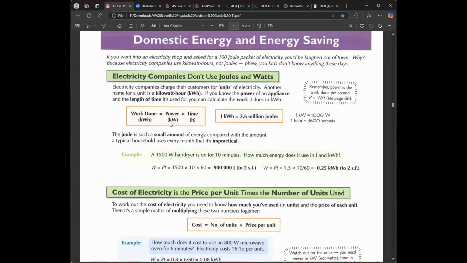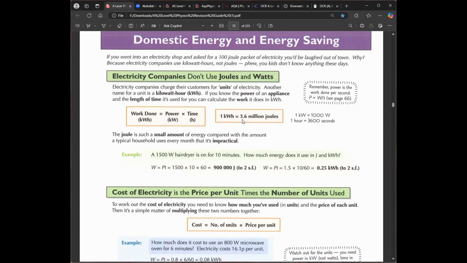So for power it's kilowatt, and for time it's hours, because we're not going to use anything in seconds. We are going to use it for 30 minutes. Even if you charge a phone, it can take up to an hour or more. So we use kilowatt for power and hour for time. That's why we reduce the unit for work done to kilowatt hour, because it is more practical.